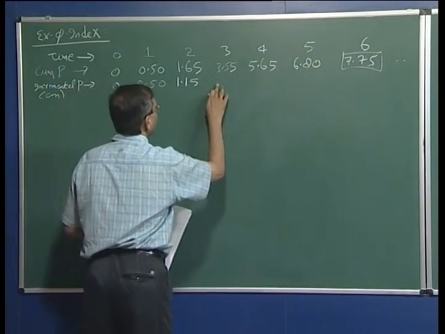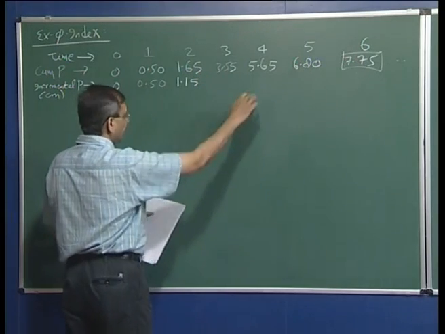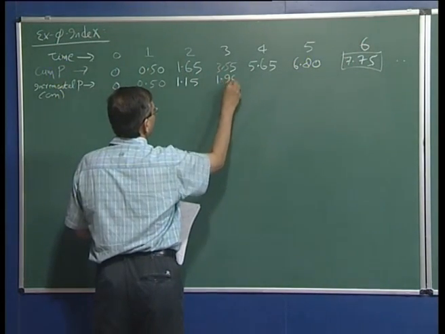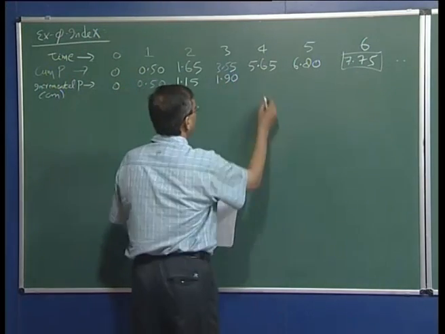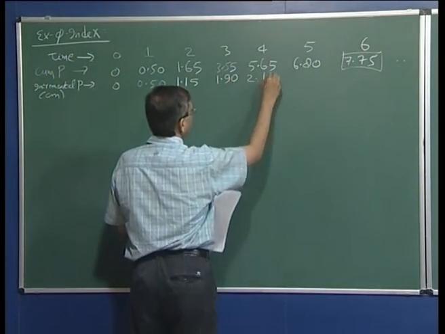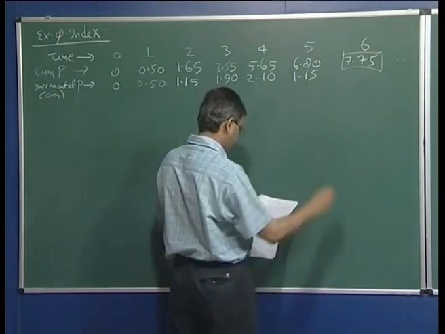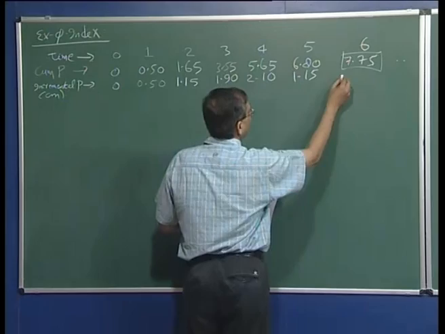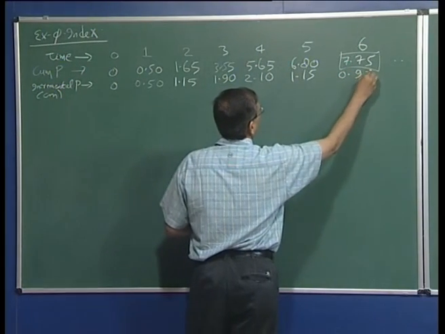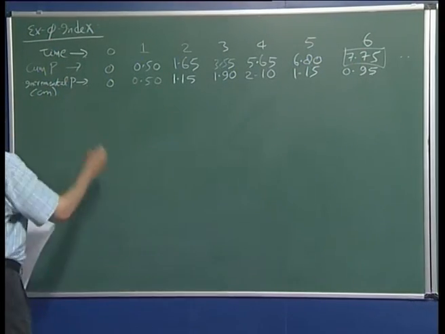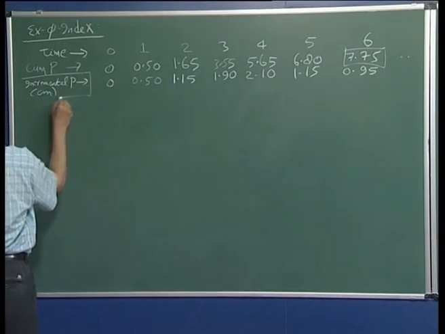Next value will be this value minus this. I will keep writing these and you can easily find that it will be 1.9, 2.1 and 1.15 and 0.95. So, the second row we see here is the rainfall hyetograph.